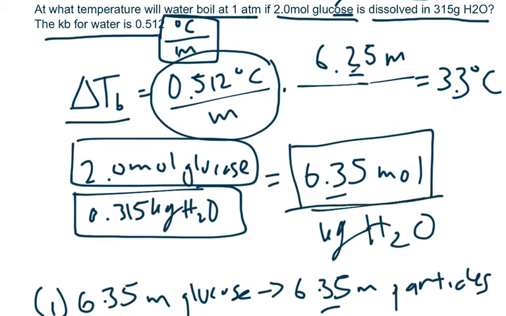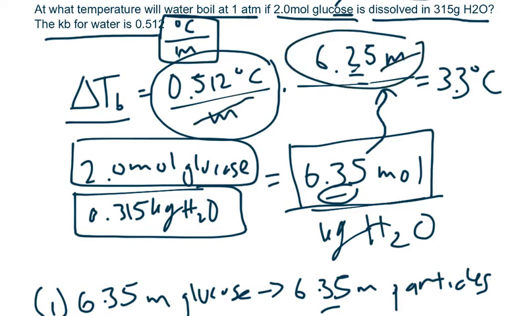And I underlined it here because the answer has to have 2 sig figs. So I plug the molality there. So 6.35 moles per kilogram of water is the same thing as 6.35 m. And multiplying this, the m's cancel out, and we're left with a boiling point change of 3.3 degrees Celsius.